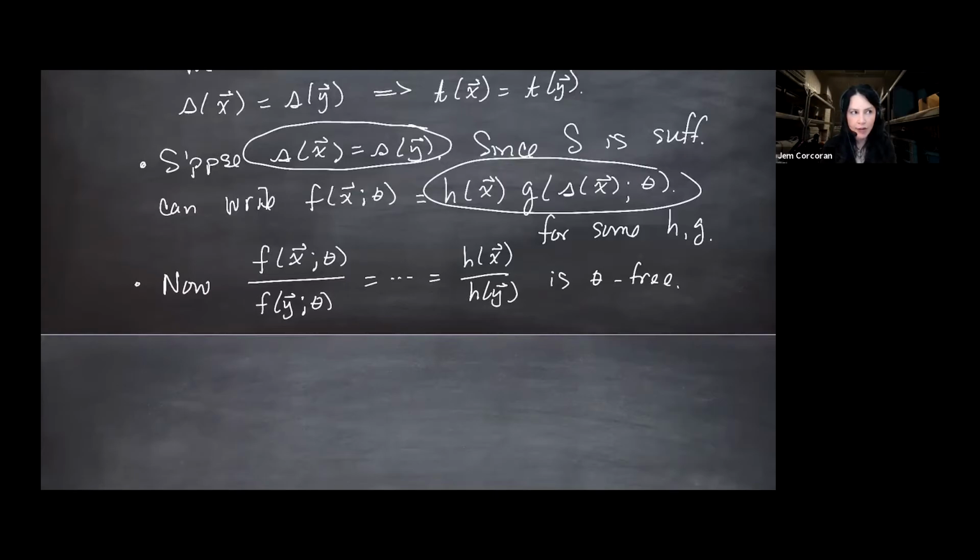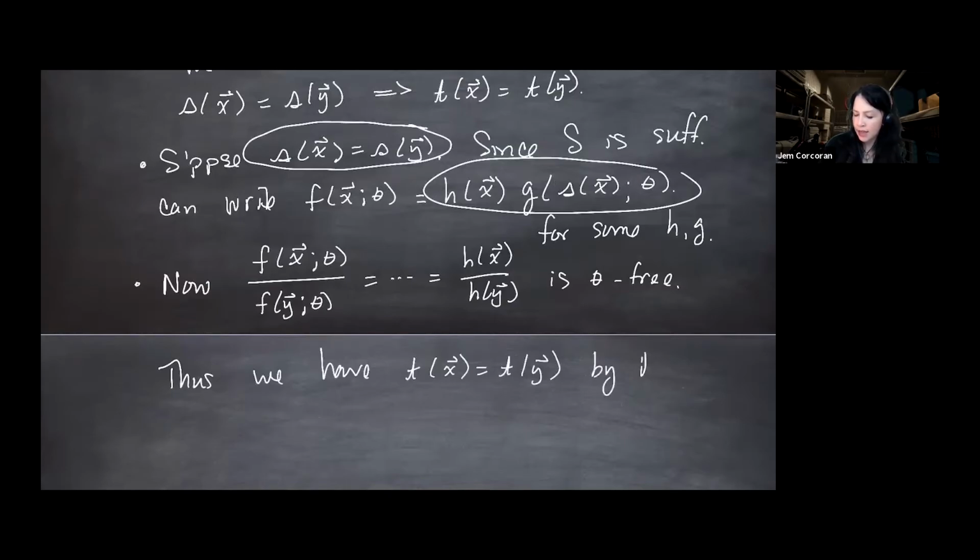I feel like I'm using the same direction again. I don't think I am. Thus, we have that t of x is equal to t of y by the assumption in the setup. So by the setup here.